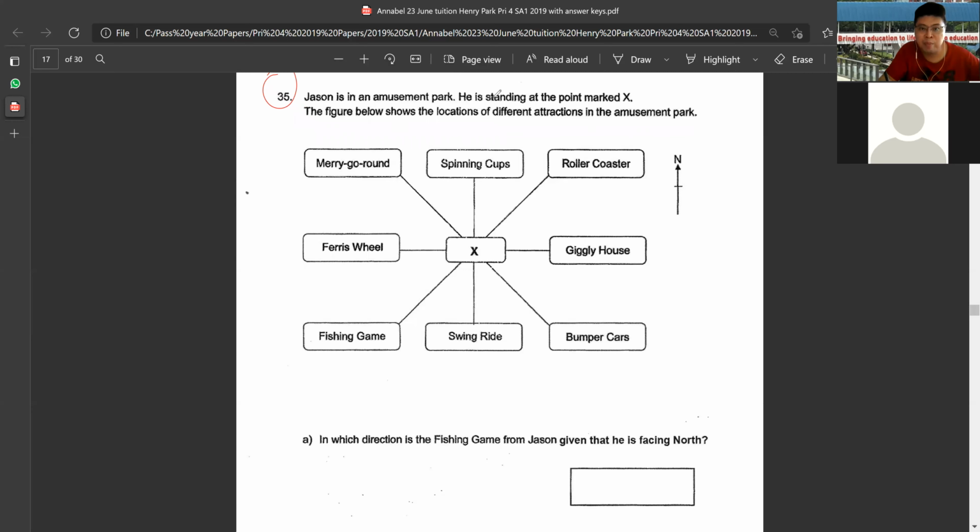Jason is in an amusement park. He's standing at point X. The figure below shows the locations of different attractions in the amusement park. Which direction is the fishing game from Jason, given that he's facing north? So he's facing north, right?